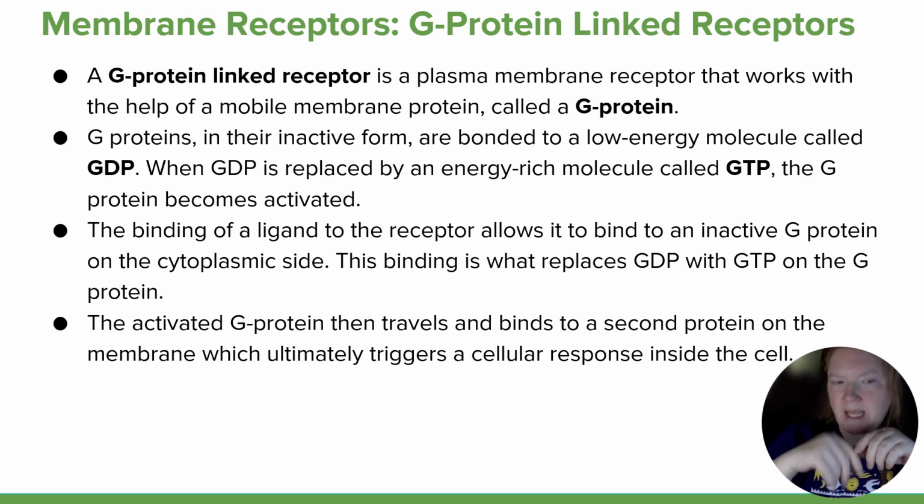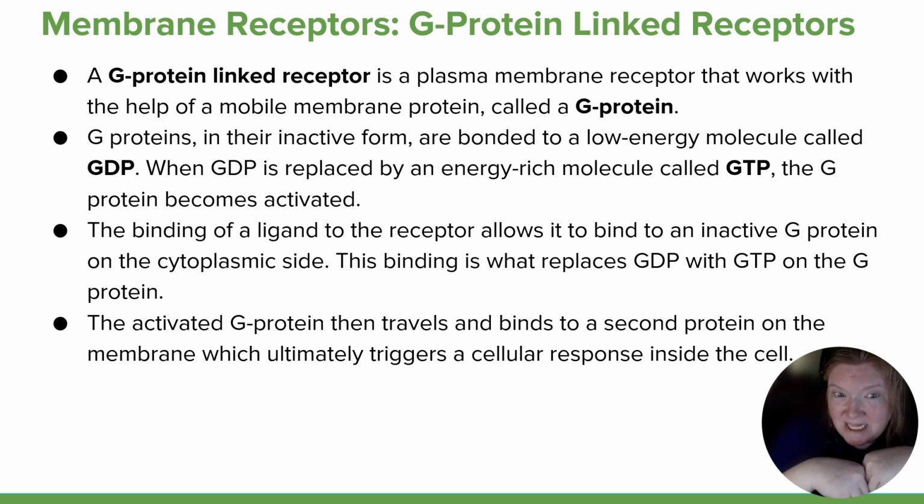The binding of a ligand to the receptor allows it to bind to an inactive G protein on the cytoplasmic side. So we have kind of this cascade that happens. It starts with a ligand binding to a receptor. That binding allows the receptor to bind to an inactive G protein, and that causes GTP to replace GDP on the G protein.